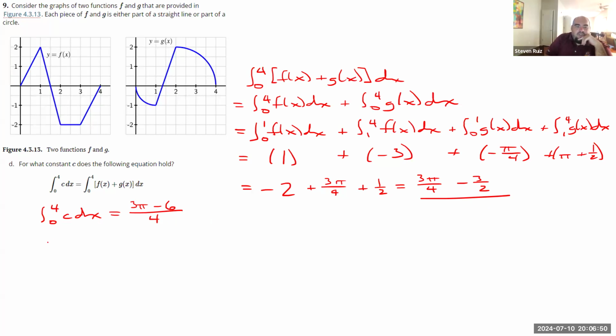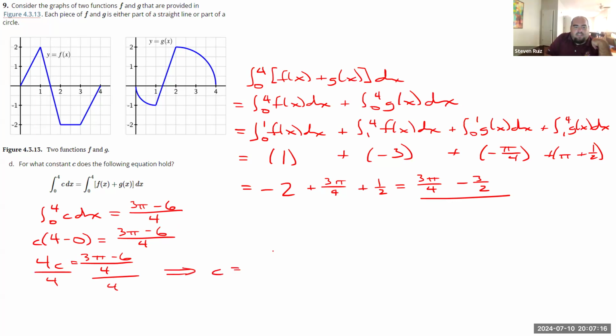One of our other properties of integrals says this is equal to c times the length of the interval. So c times 4 minus 0 equals 3 pi minus 6 over 4. So 4c equals 3 pi minus 6 over 4. Let's divide both sides by 4, and what do I get? I get that c equals 3 pi minus 6 over 16. And that'll do it for part D.